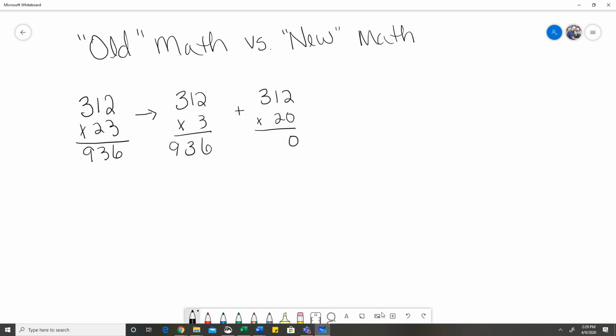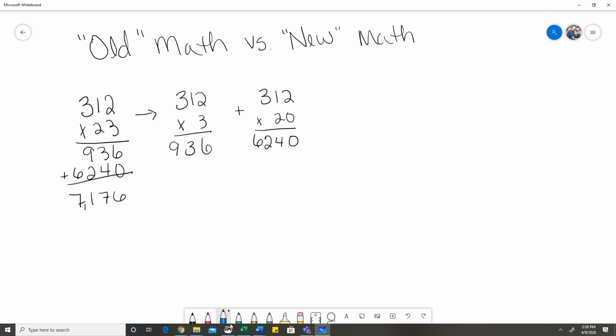Okay, so 2 times 2 is 4. 2 times 1 is 2. 2 times 3 is 6. Okay, so we had our placeholder in the 1 spot, and then we would write out the rest of that multiplication there. And then we added these two rows together and got 7,176 as the answer. Okay, that's the way we did it back in the day. That's the old math.